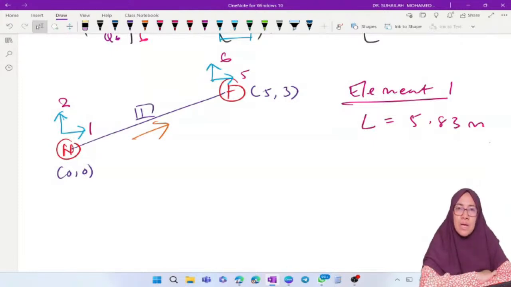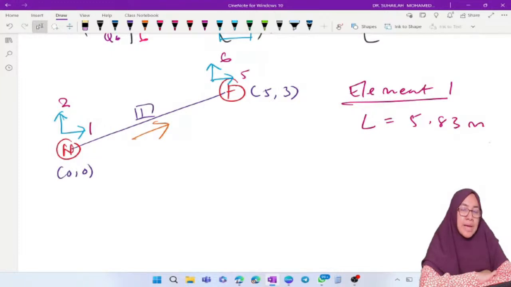We have to label the near and far nodes correctly, based on the arrow. For the degrees of freedom, we just put the labels we defined in the previous step: 1, 2 at node number 2, the near node, and node number 1, the far node, is 5, 6.